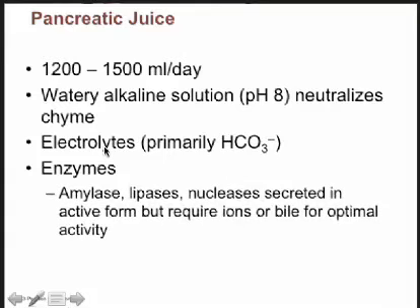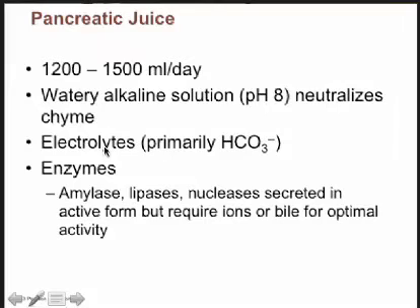The enzymes are amylases, which digest starch, lipases, which digest fat, nucleases, which digest RNA and DNA, and these are all secreted in an active form, but they require ions and bile for optimal activity.